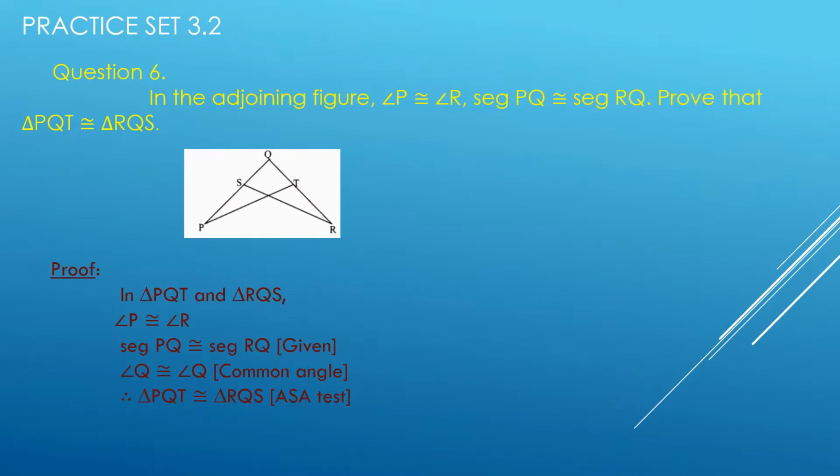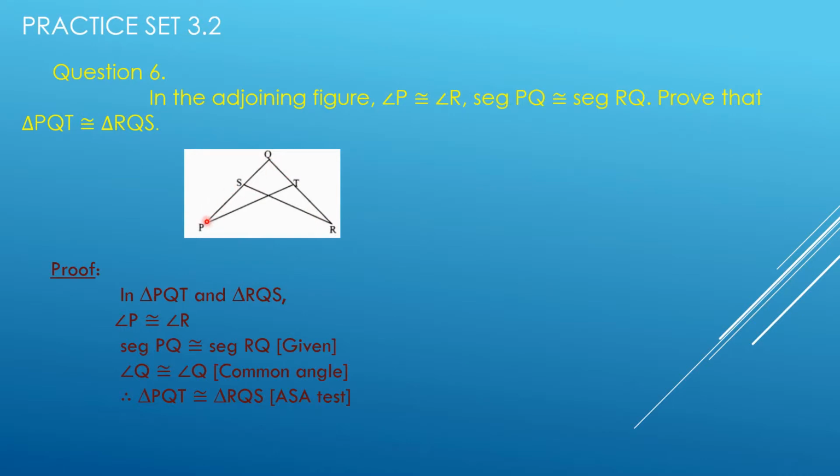Question number 6. In the adjoining figure, angle P congruent to angle R, segment PQ congruent to segment RQ. Prove that triangle PQT congruent to triangle RQS. In this figure, in triangle PQT and triangle RQS, which congruent parts are given?